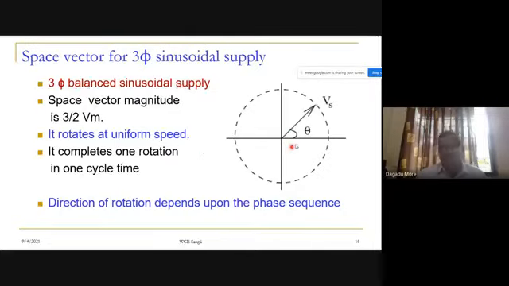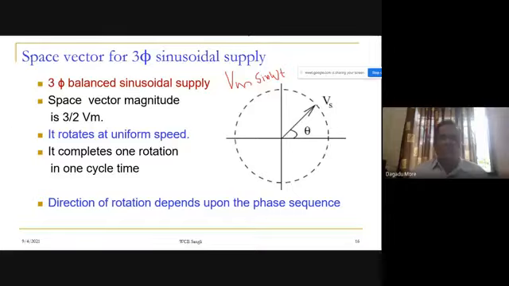Now, we already discussed the space vector for a three-phase balanced sinusoidal supply. We saw its magnitude yesterday. When the supply has peak amplitude Vm, the three voltages are Vm sine omega t, Vm sine (omega t minus 120 degrees), and Vm sine (omega t plus 120 degrees).